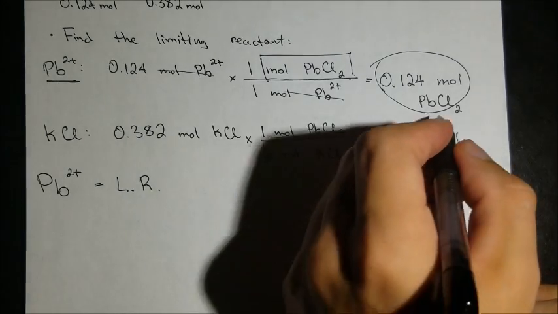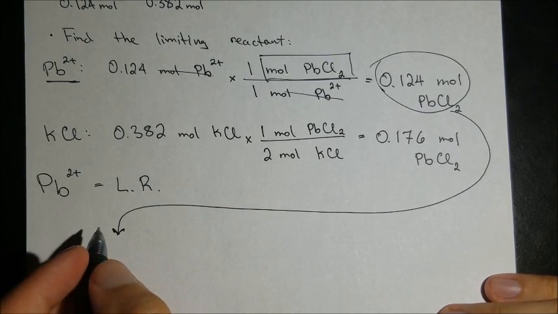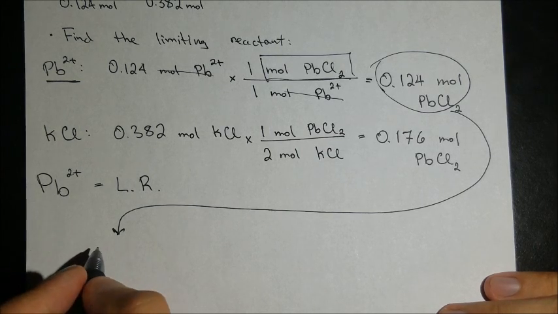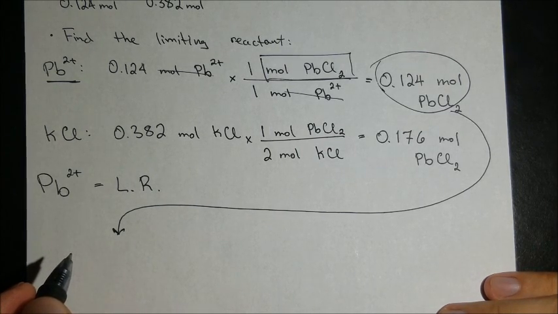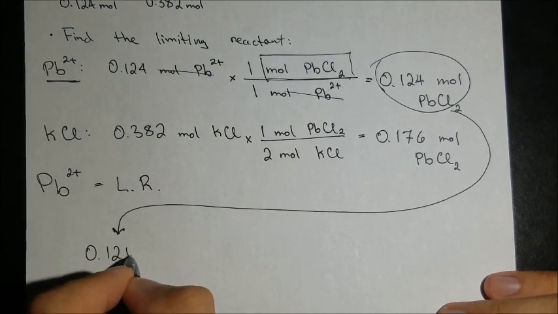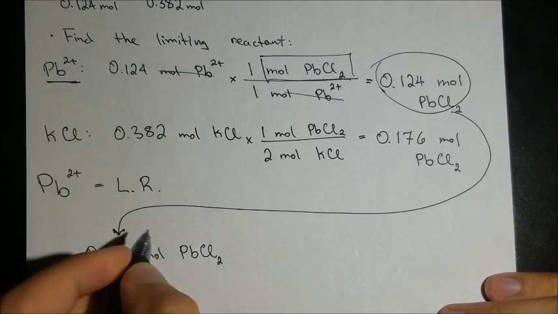So we can just use this quantity here to tell us how many grams of lead 2 chloride we made. So that would be what we would consider our theoretical yield. So let's go ahead and do that. 0.124 moles of lead 2 chloride.